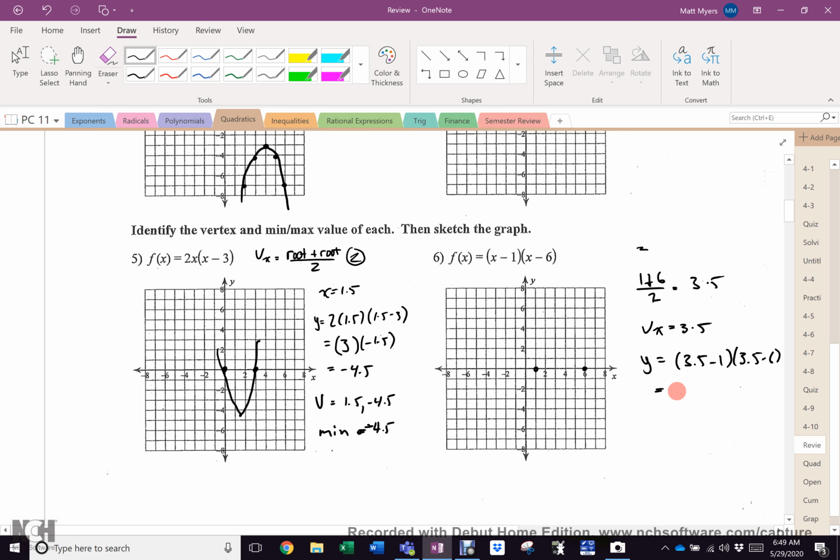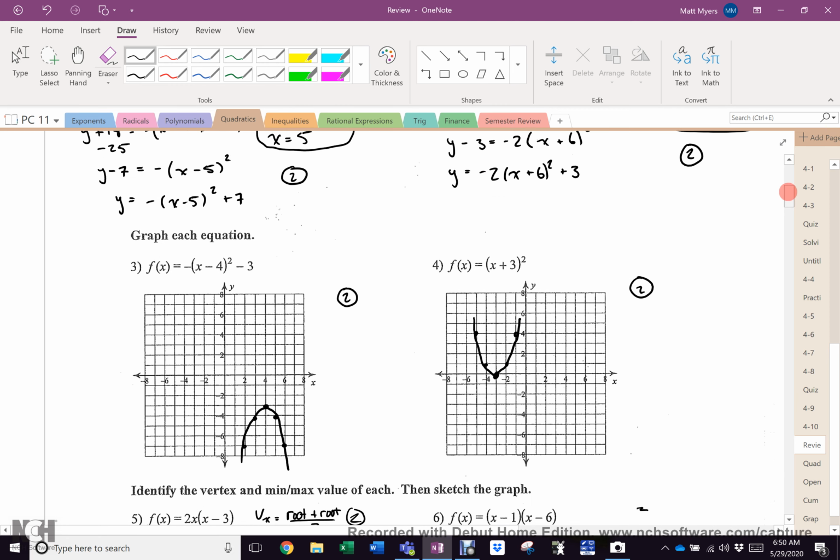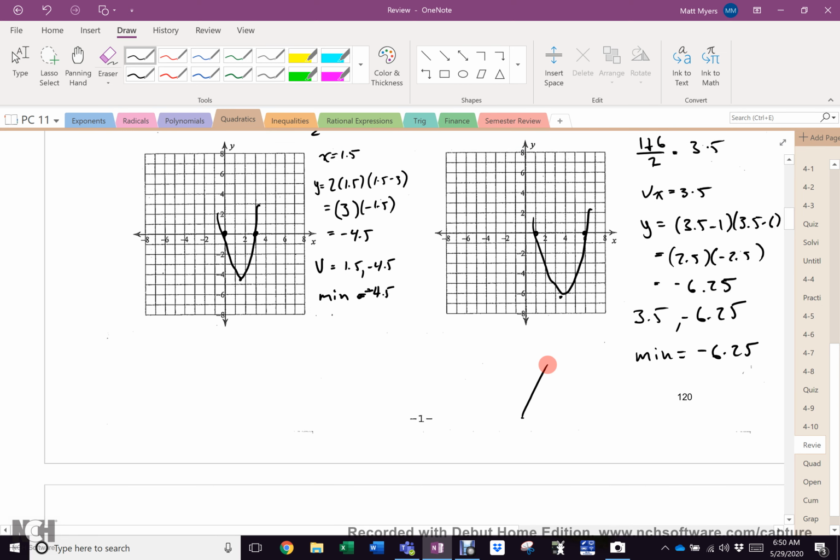So that's 2.5 times negative 2.5, which is negative 6.25. So (3.5, negative 6.25), and it looks like that. So I have a vertex of (3.5, negative 6.25), and I have a min equals negative 6.25. So that's 2, 4, 6, 8, 10, 12 on the first page.